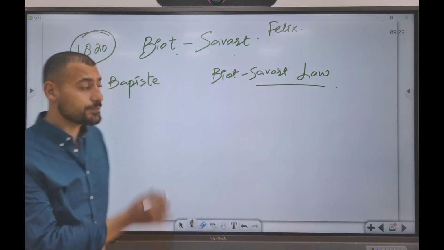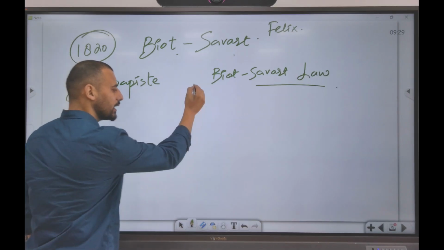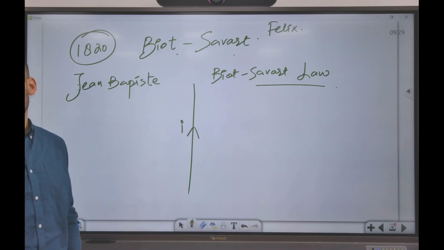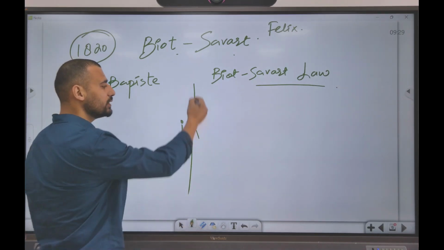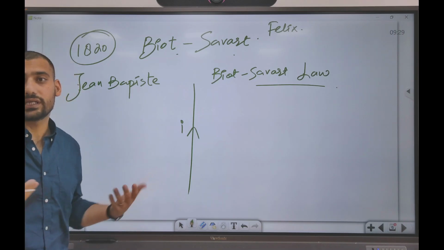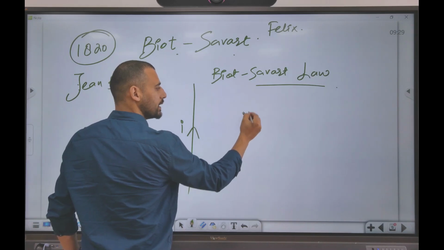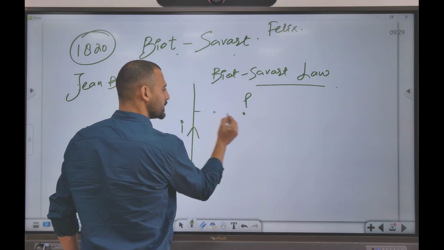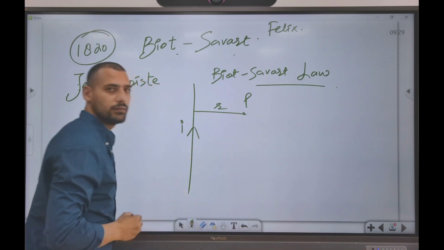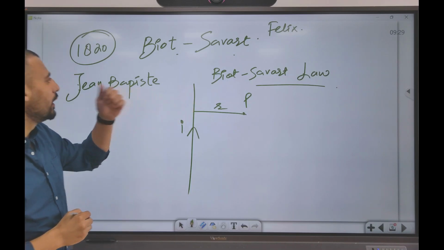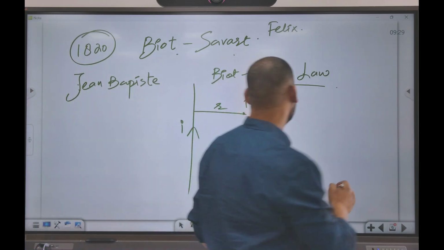Okay? And as per this law, if there is a current carrying conductor, for example this, current is flowing I, okay? And due to this current carrying conductor, now you know there is magnetic field, right? If you want to calculate the magnetic field, say at point P, which is at a distance of R, okay? Fine? Biot and Savart came up with the law.